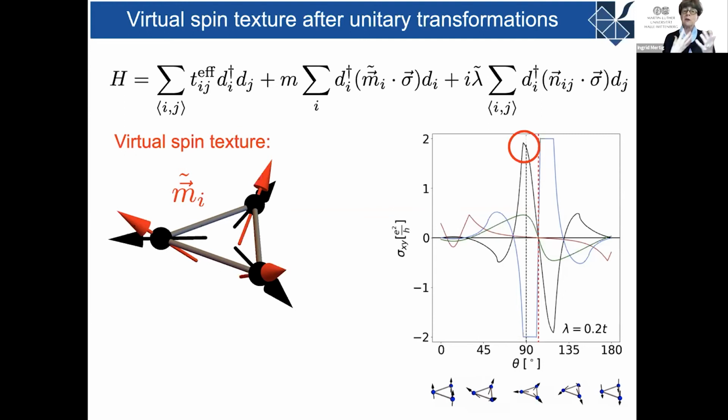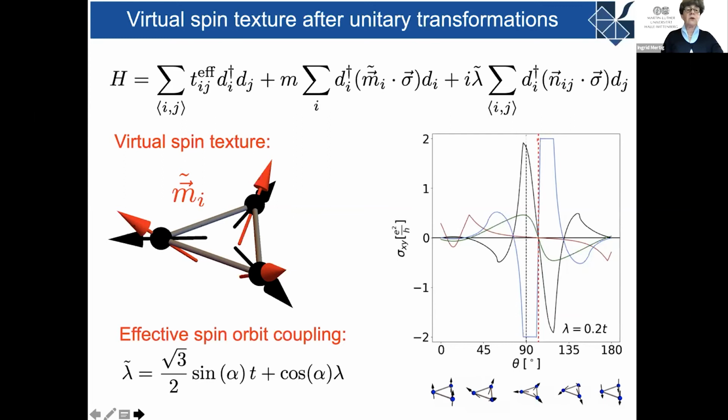And this virtual spin texture has an out-of-plane tilting. And this out-of-plane tilting causes something like a topological Hall effect. And this topological Hall effect is huge, since it's proportional to the opening angle of the three magnetic moments in the virtual spin texture.